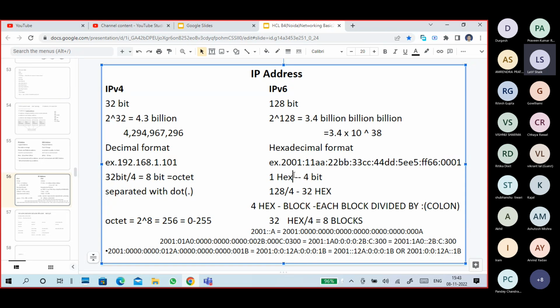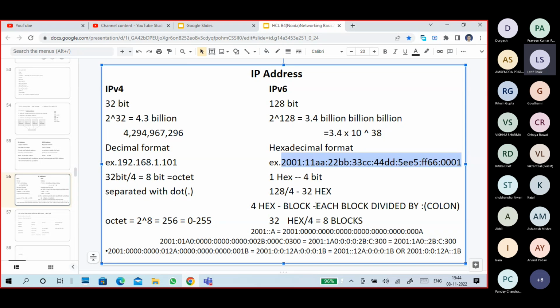For example, A is 1010 in binary, which is 4 bits. So one hex digit is a maximum of 4 bits. So 128 divided by 4 means there are 32 hexadecimal digits in a single IPv6 address.